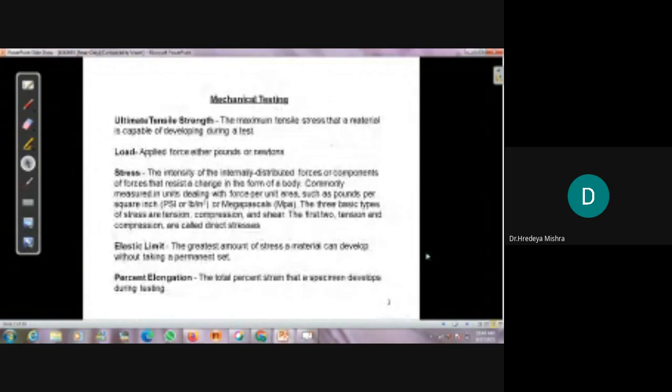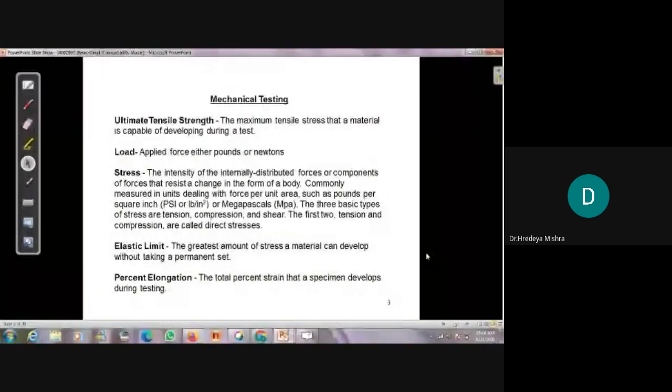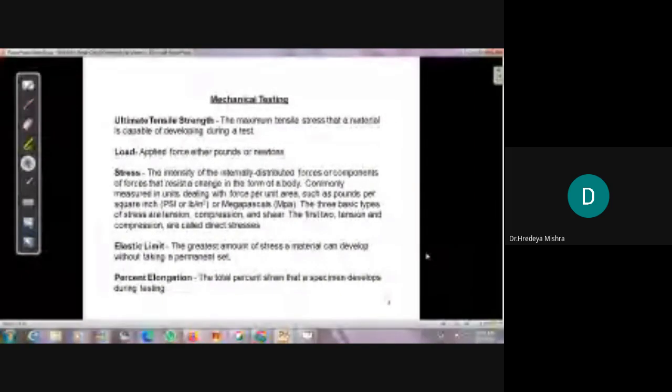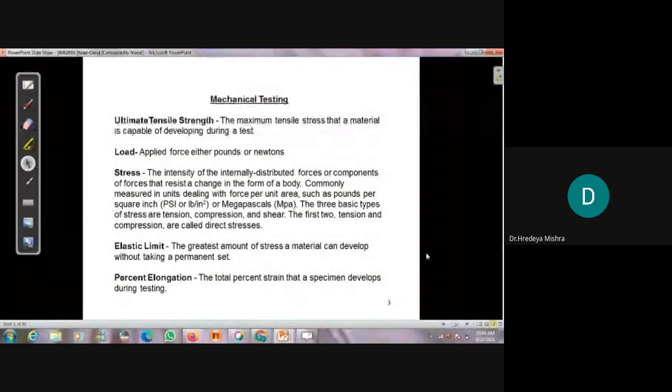So here we have mechanical testing, ultimate tensile strength. Why is it called ultimate tensile strength? Because in the tensile test we get the ultimate, meaning maximum, stress value, the maximum strength value of the material before its fracture. That's why it's called ultimate tensile stress.